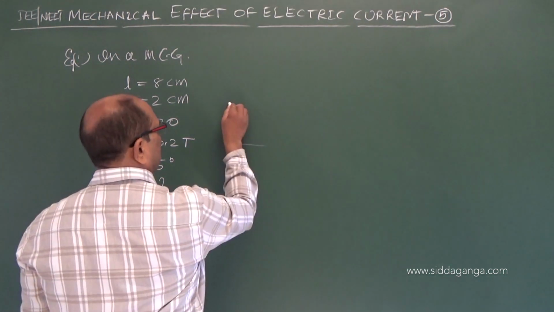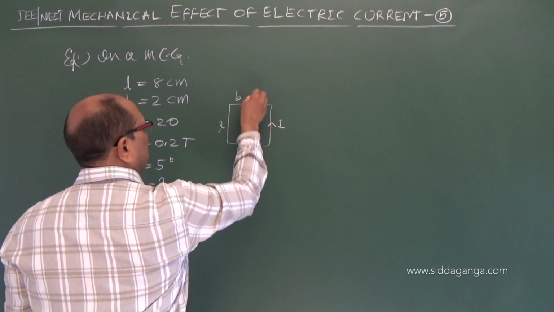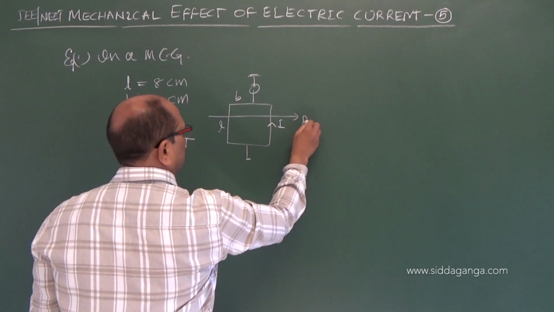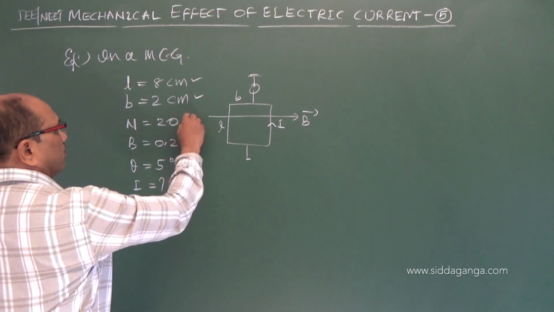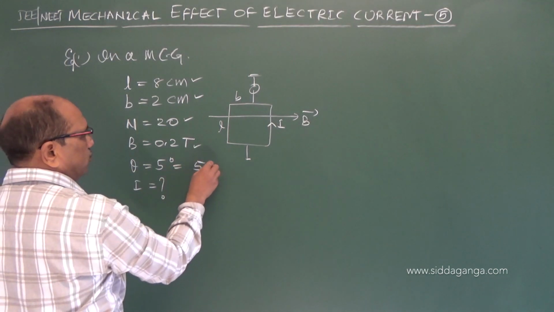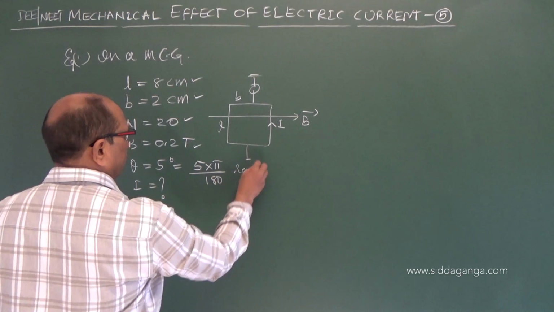So they give a coil of length and breadth carrying some current, which produces the deflection. Magnetic field is given. Length and breadth give you the area. Number of turns given, B given. Deflection converts into radian: 5 pi by 180 radian.